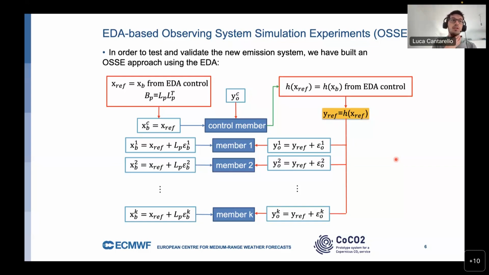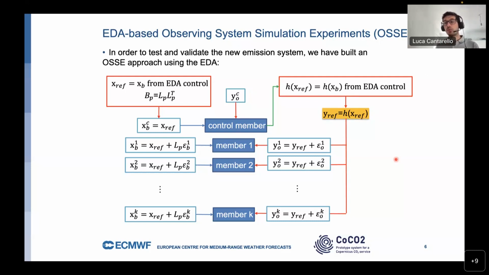What we do here is we consider the control member as our nature run, in which we assimilate the observations as they are, and we use the prior emissions as they come from the inventory. But then from the control member, from the first guess, we get some synthetic observations which we perturb, and then we use them in the ensemble.